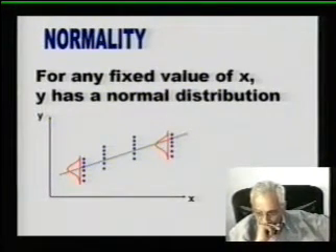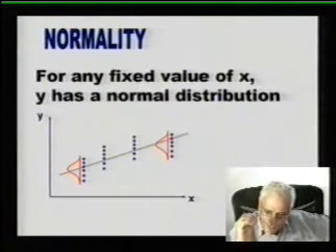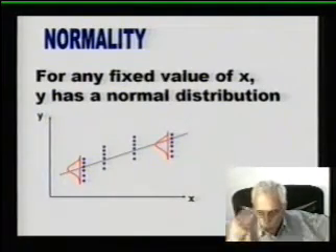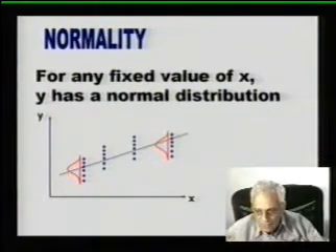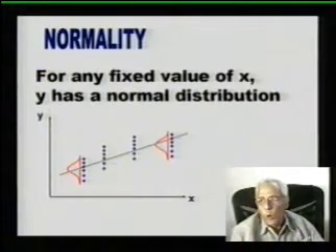Now, if we know for a fact that the assumption of y being normal, or the assumption of normality, is deemed unsatisfactory, then some transformation may be required.